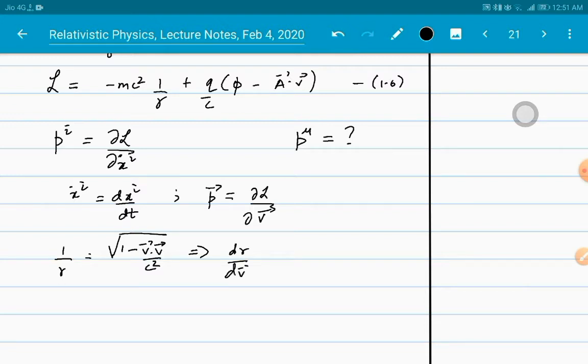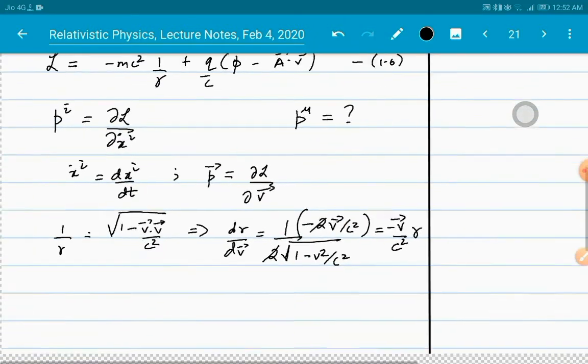which tells us that d gamma by dv is equal to, so if we take the derivative, we get 1 by 2 root of 1 minus v squared by c squared, and then when we again take the derivative, we get minus 2v by c squared. So this is equal to minus v by c squared times gamma.